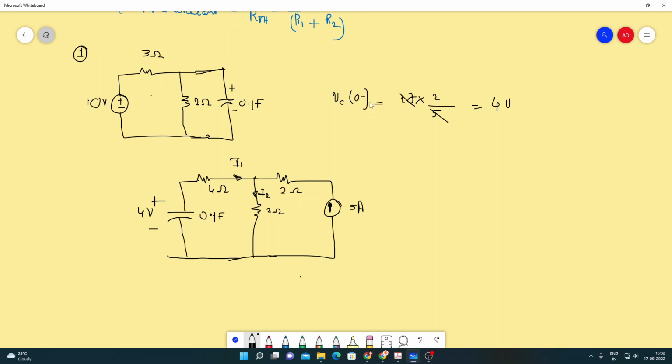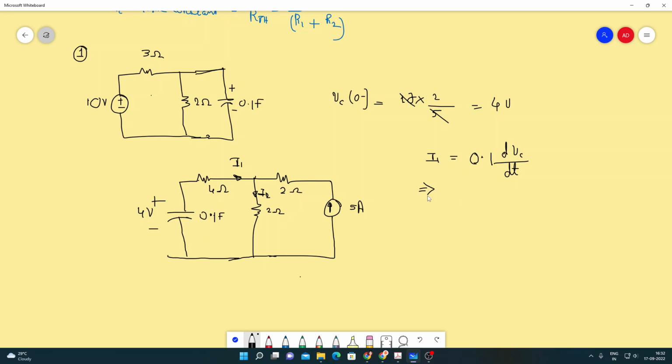So you can write the expressions in Laplace domain directly. So what we will have is I1 equals C, that is 0.1, dVc by dt.